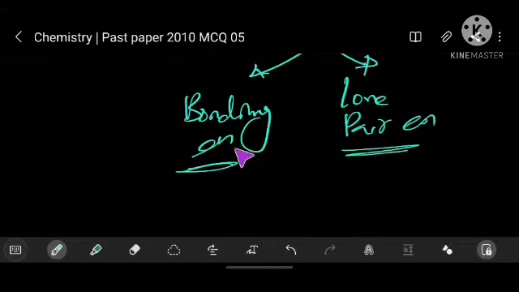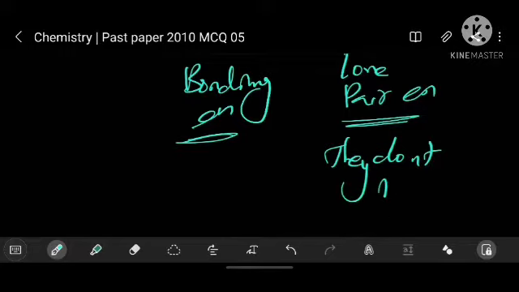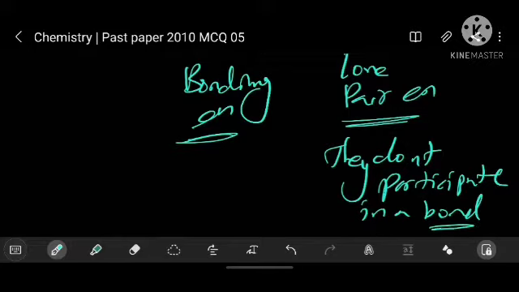These lone pairs wouldn't participate in a bond. So these are the two types of valence electrons.